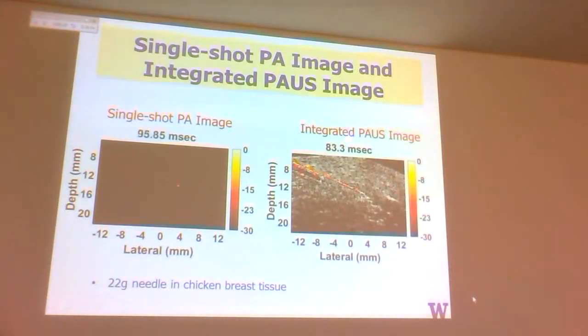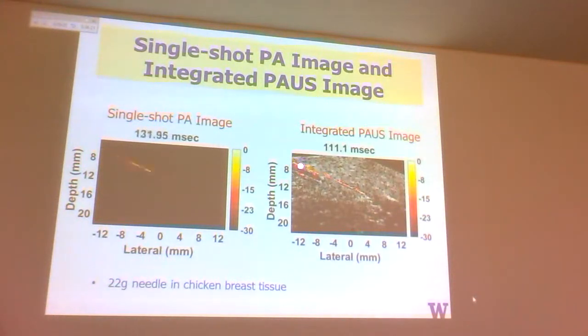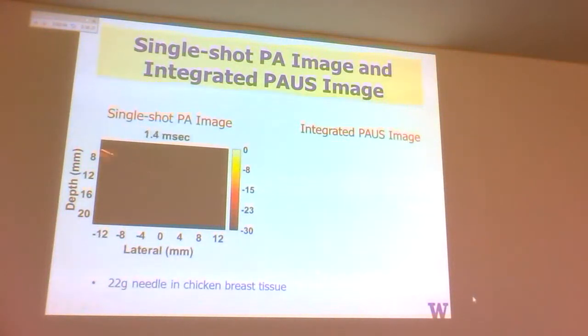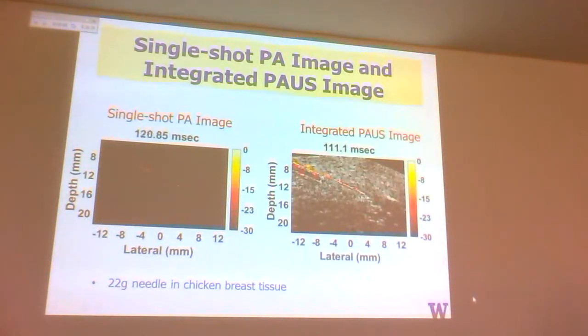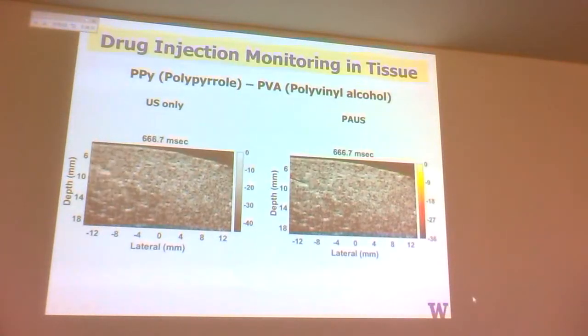If I interleave and put these all together with the photoacoustic and ultrasound, I have the ultrasound picture behind, so now the background is the ultrasound picture. The color encoded is the photoacoustic picture, and what I have in here, in this case, is just showing a needle, a 22 gauge needle, which is used a lot of times for drug delivery, and this is just ex vivo. Okay, let me tantalize you with this because I'm going to come back to this.